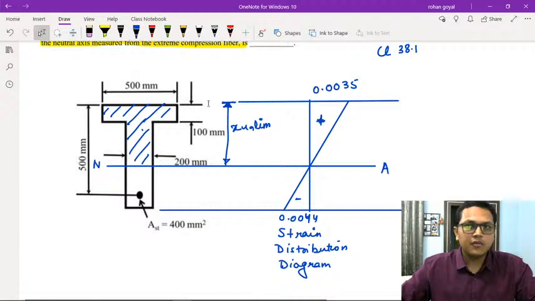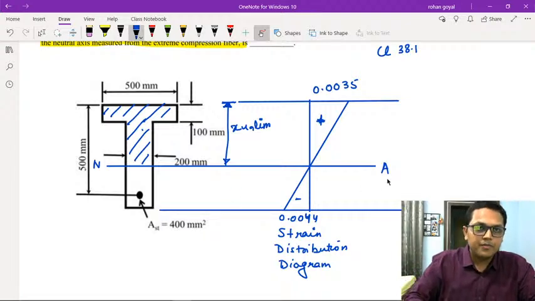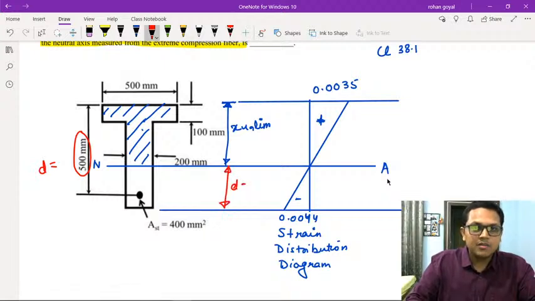Okay, so if we see the above triangle and the below triangle, and compare these two triangles, since this depth is the actual limiting depth, the remaining depth will be how much? The effective depth is given as 500 mm, so the remaining depth will be D minus XU limiting.